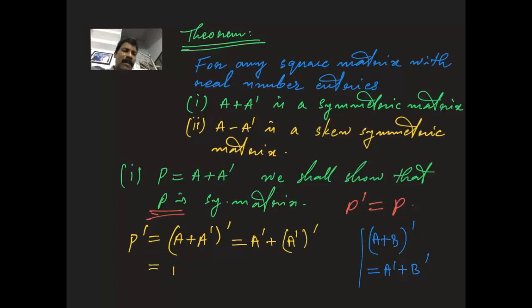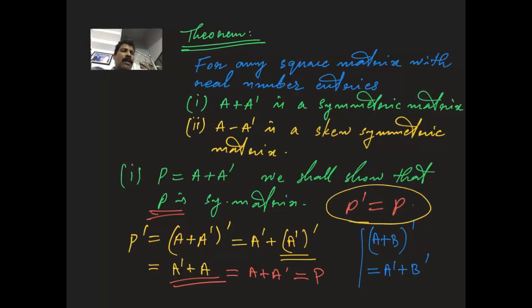And what is A transpose transpose? A transpose transpose is nothing but A. Now you know that addition of matrices follows commutative law. Therefore, A dash plus A could be written as A plus A dash using the commutative law. And what is it? That is P only. So we could prove that P dash is equal to P. Therefore, what is P? P means A plus A dash. Now when P dash is equal to P, P is a symmetric matrix. So A plus A dash is a symmetric matrix.